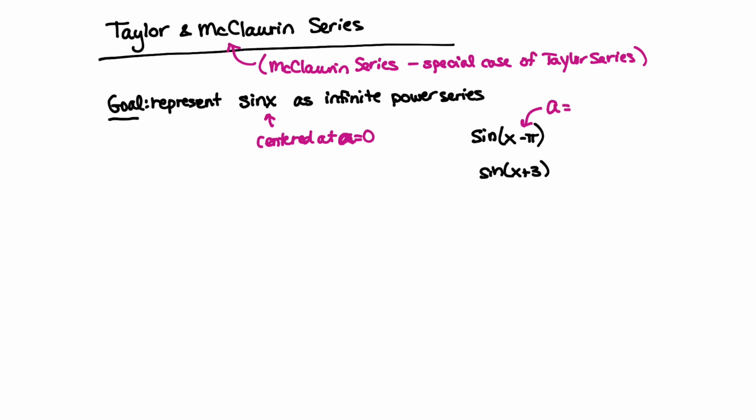So when you have a in terms of Taylor series, it means what are you centered about. Like this one, we would be centered about pi. If I was to graph sine of x minus pi, it's the sine function shifted over to pi. And in this one here, I would say that I'm centered at -3. This is the sine function shifted over so that it starts at x equals -3.